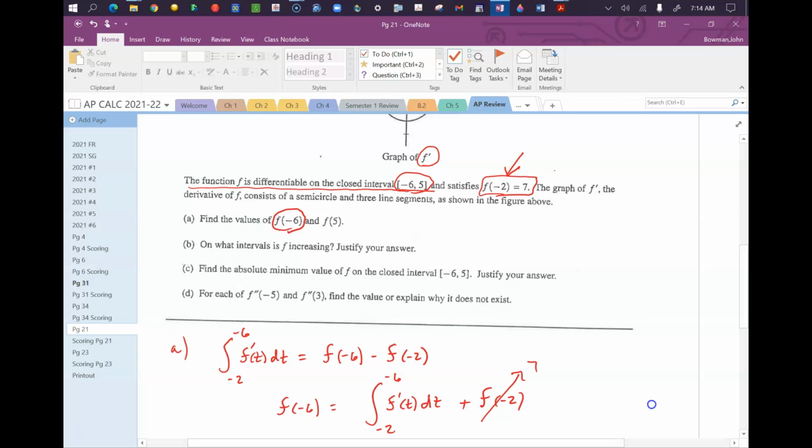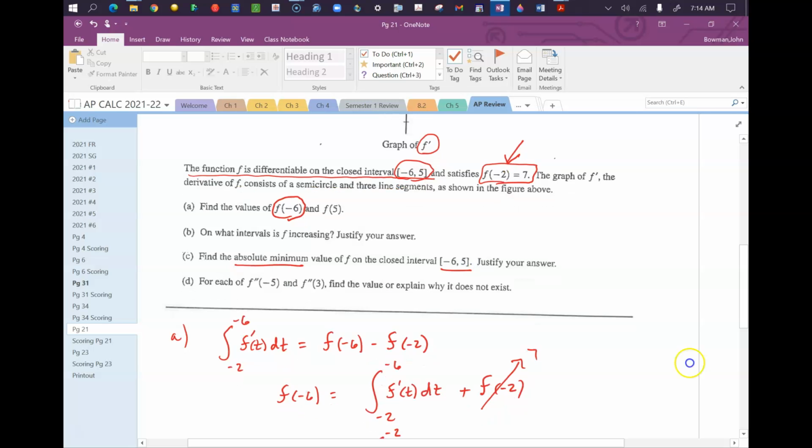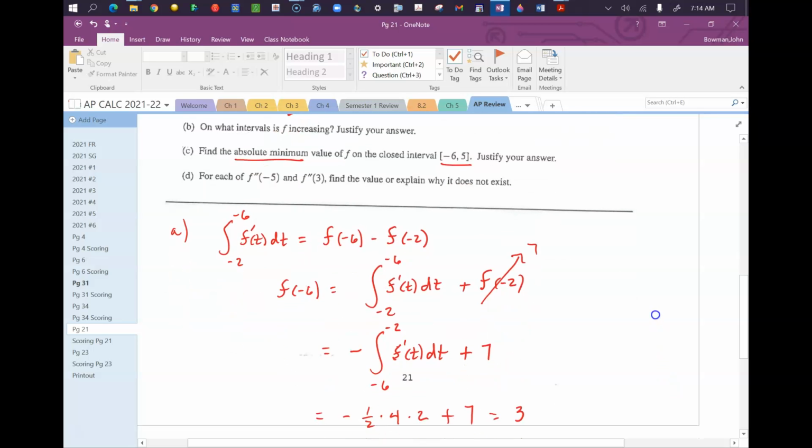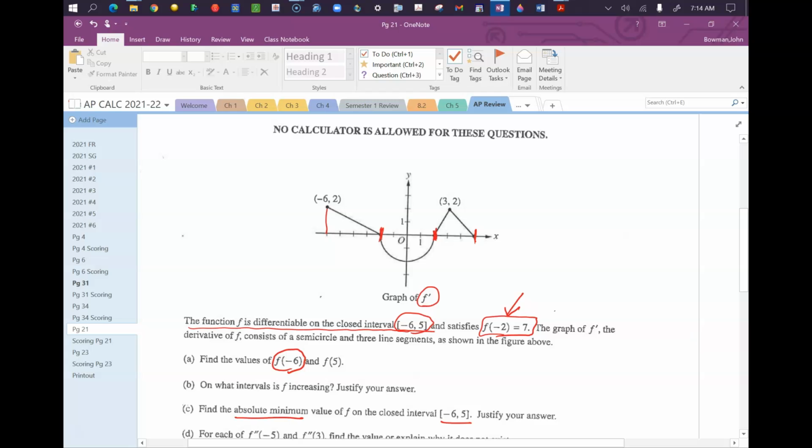All right, find the absolute minimum value of f on the closed interval from -6 to 5. Okay, so minimums can occur at endpoints, and at critical points where the derivative changes sign. So we're going to have to make a candidates table for this and make sure that we include the endpoints.